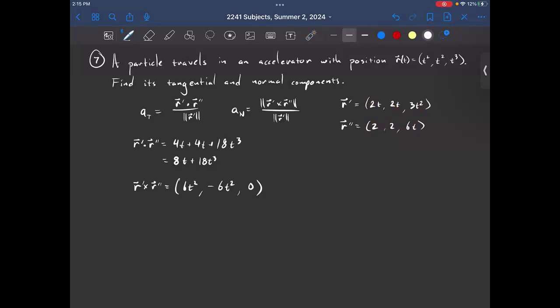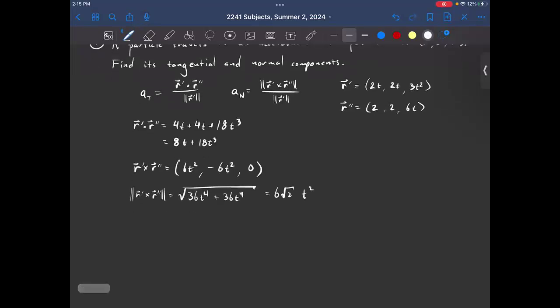And now we need its norm and the norm of r prime. So this guy's norm is the square root of 36t to the fourth plus 36t to the fourth plus 0 squared. So we just have the square root of 2 times 6, or 6 root 2 times t squared.